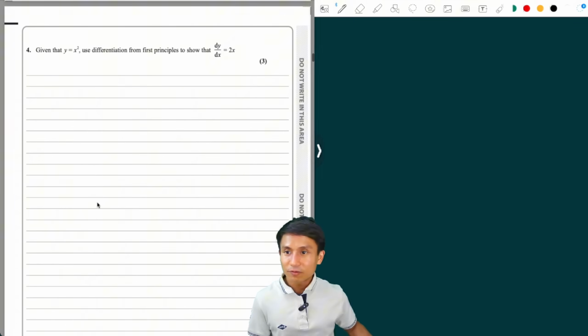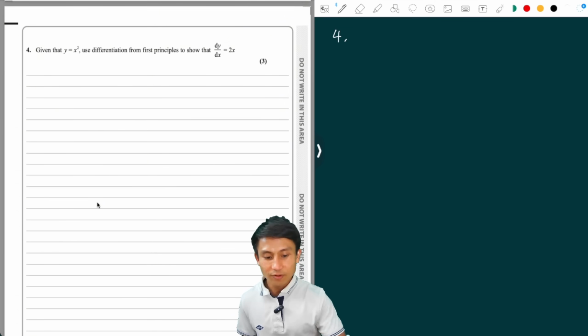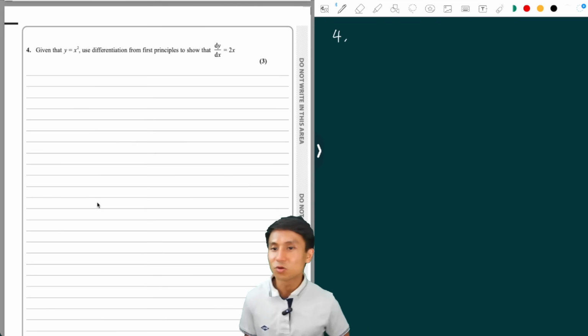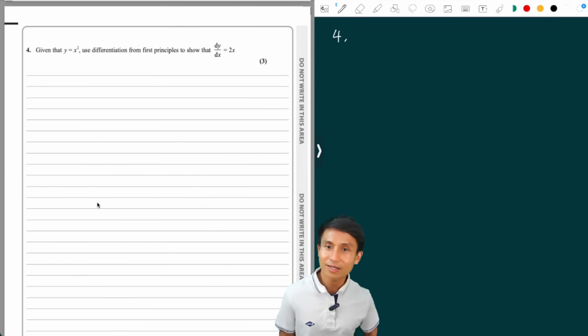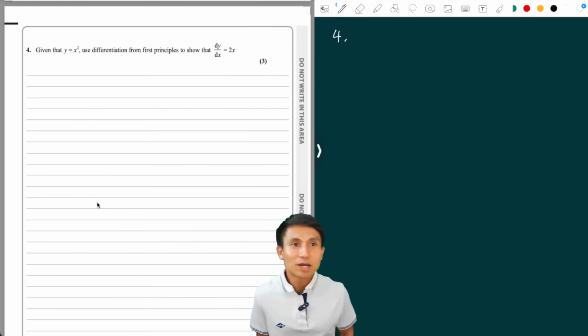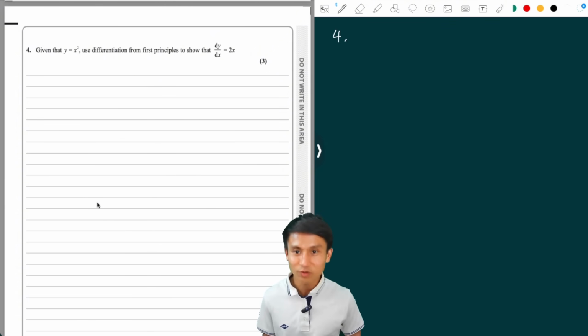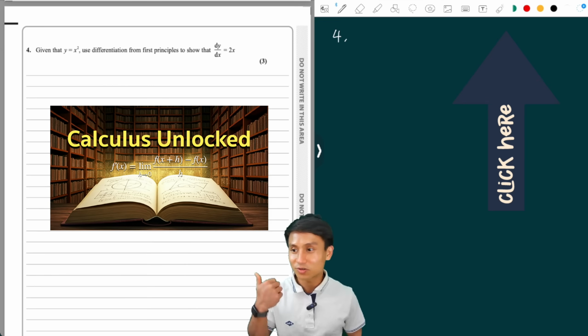Number 4 seems fine. This is to prove from first principles that the derivative of x squared is 2x. Well, I think you might have seen a video on YouTube about the proof of this. It is very simple. You can prove it by using a graph, or this is first principles. I also made a video about first principles, so if you haven't checked it out, just go check it out there.